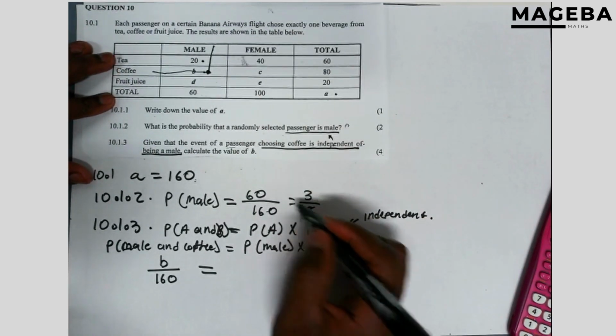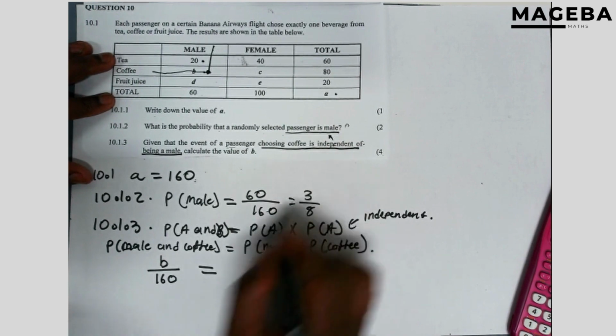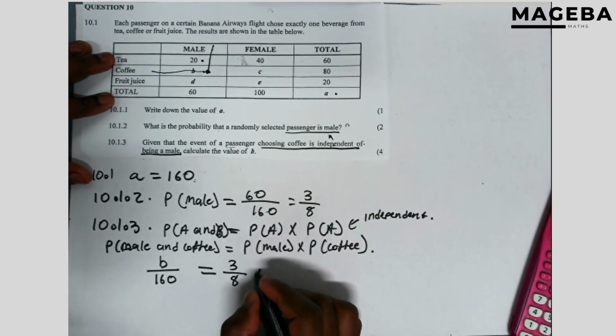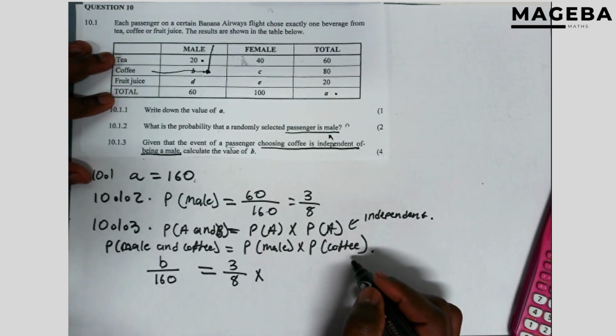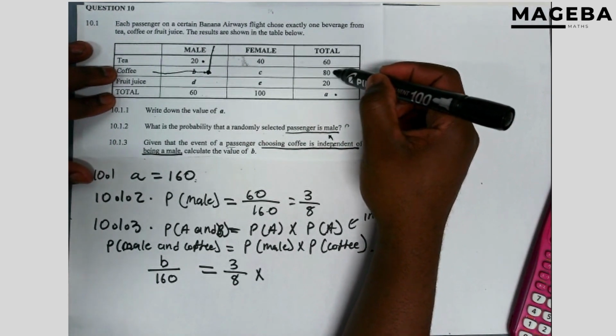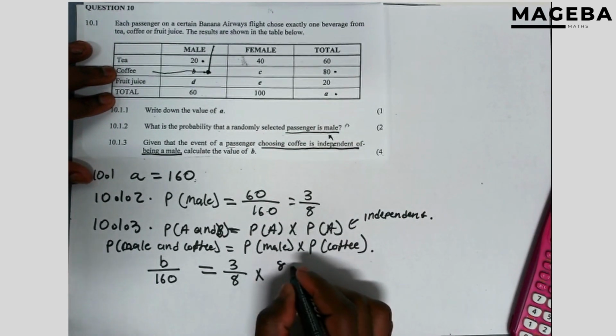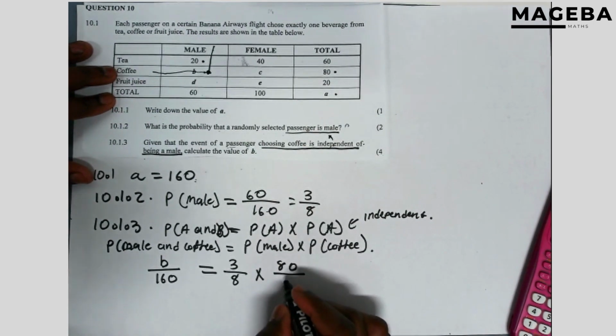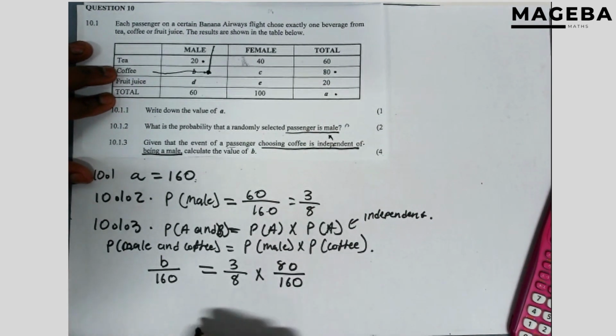We said it's 3/8 in our previous question, times the probability of a coffee. Now we need the total of a coffee, which is 60 over 160, the total of everything.